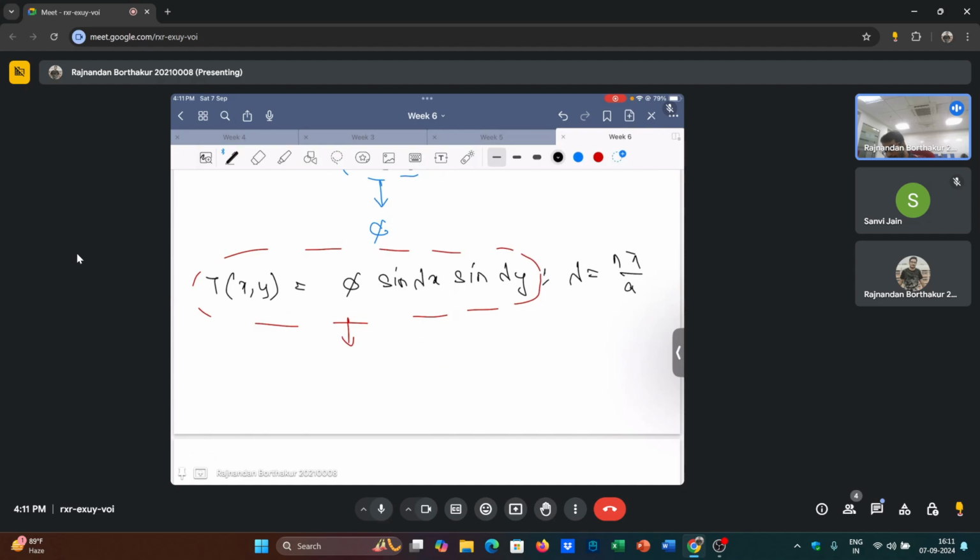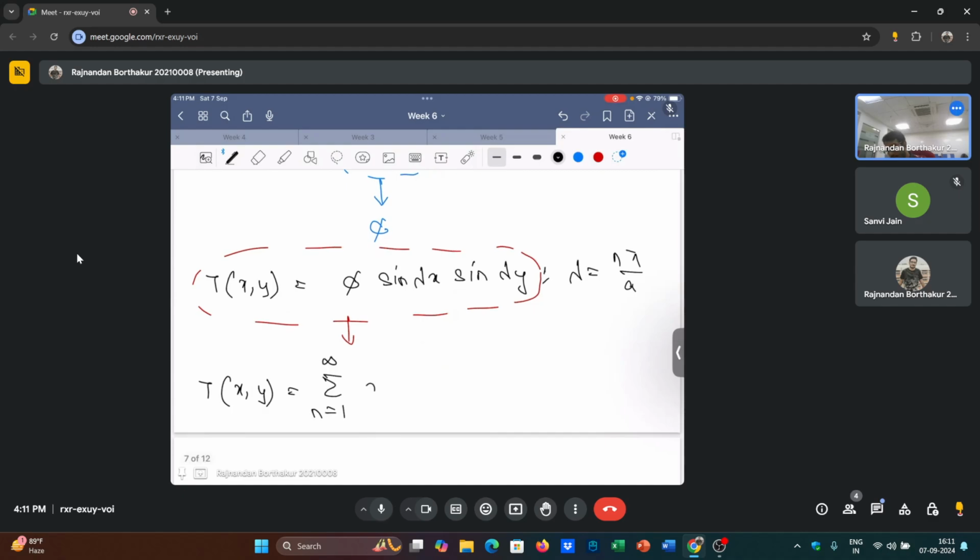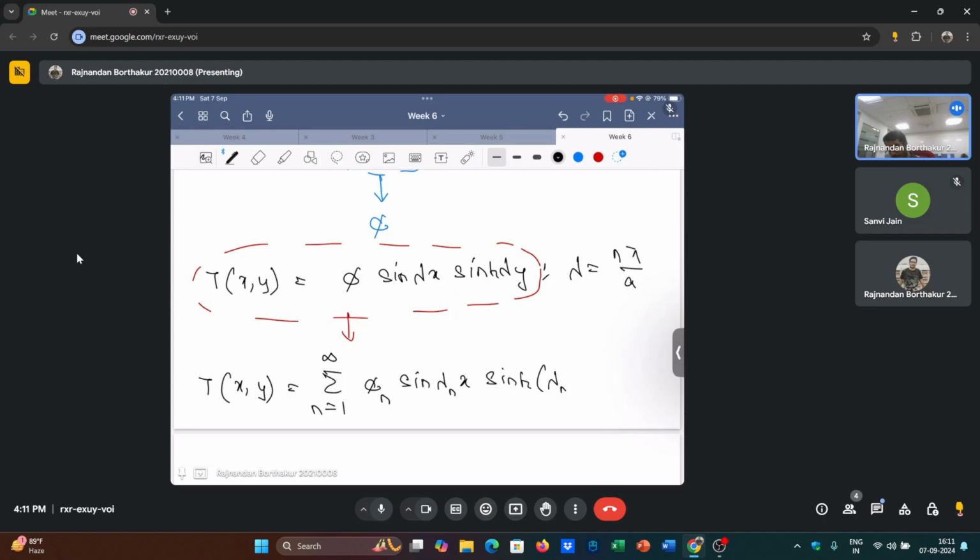In a more general form, we can simply write it as T of x comma y is equal to summation from n equal to 1 to infinity phi n times sine lambda n x times sine hyperbolic lambda n y. Can I write this or no? So can I just write this? See, of course we can, right?